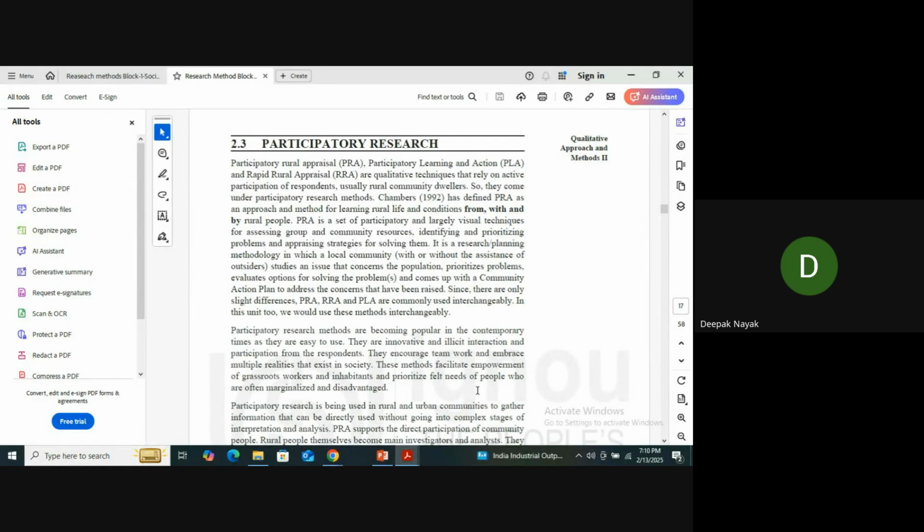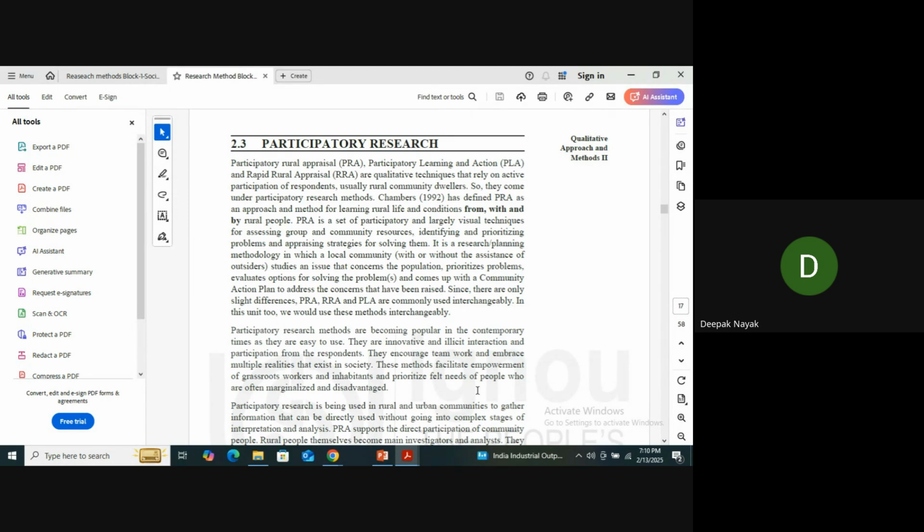More or less these are almost the same kinds of things, with a thin difference between them. Participatory research involves all these techniques.